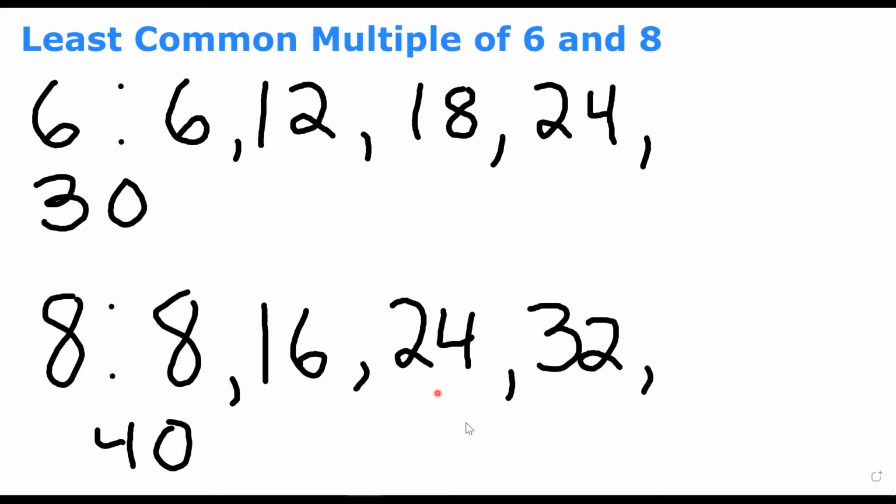So let's underline that in both lists. 24 is also the lowest number that we can find that they both have in common, which makes it the least common multiple.